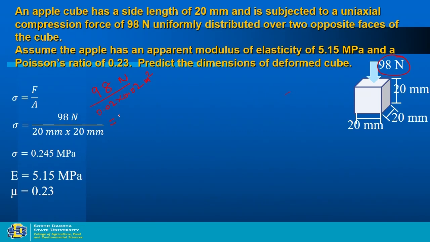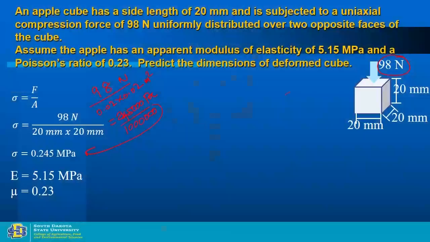So this answer will be 245,000 Pascal. Divided by, I mispronounced, it's not 100,000, it's 1 million. From Pascal to megapascal, 10 to the power 6. So you should get 0.245 megapascal. Everybody got the same number? Easy enough, right?